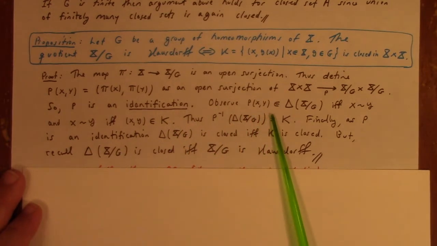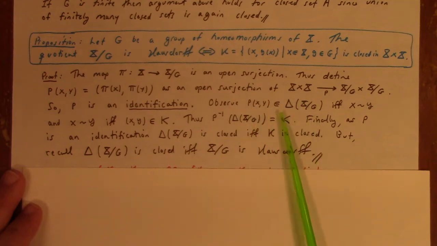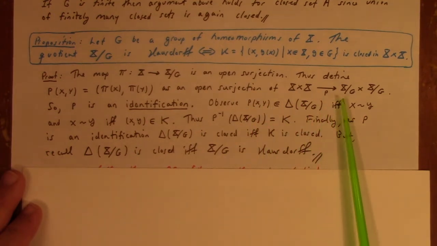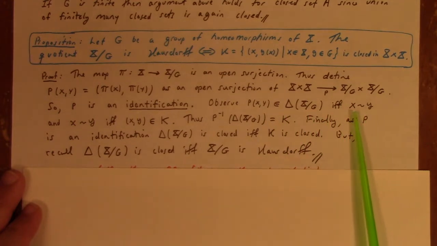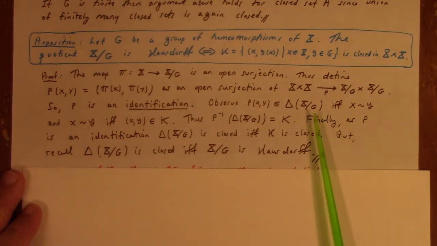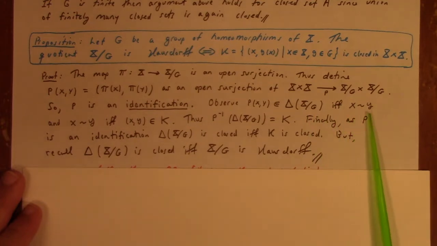And then if we have P of (x,y) is in the diagonal of X by G, that's going to be true if and only if x is equivalent to y, because remember that two equivalence classes are equal if and only if their representatives are equivalent, which is to say that x is related to y.